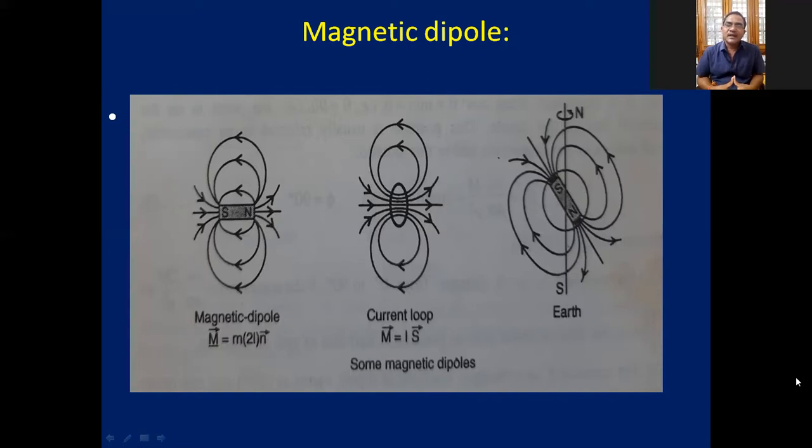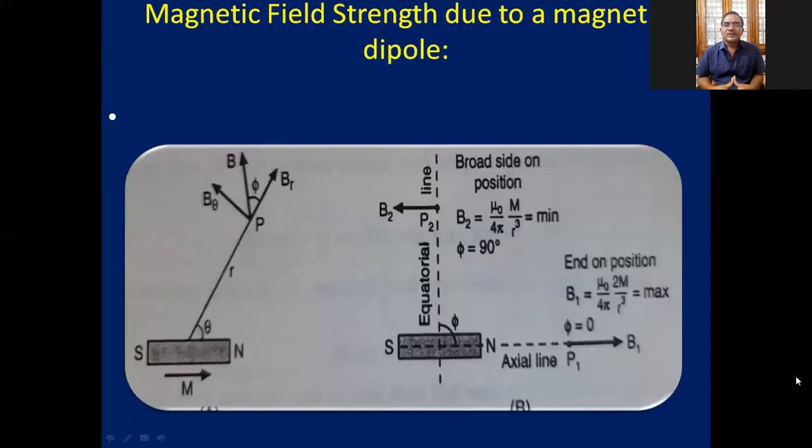Here, the earth magnet's south pole is towards the geographical north, and the earth's magnetic north pole is towards the geographical south. Okay, so this is about magnetic field strength on the axial line and equatorial line of a magnetic dipole.